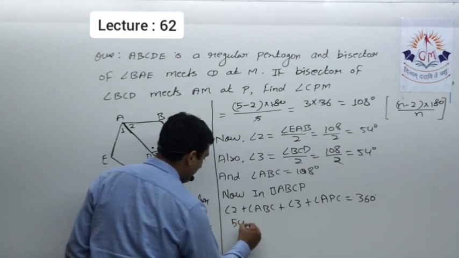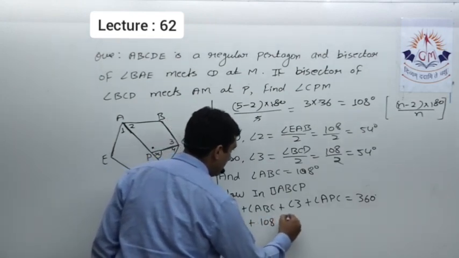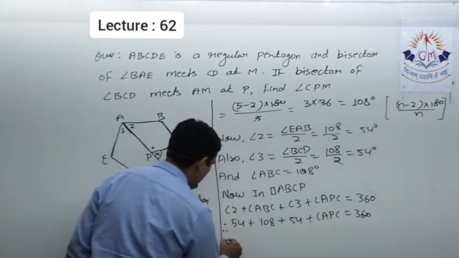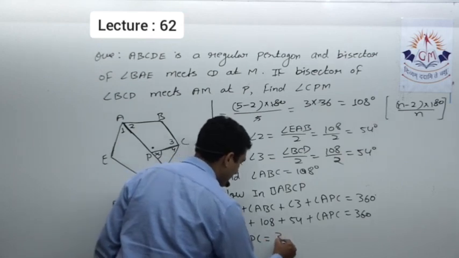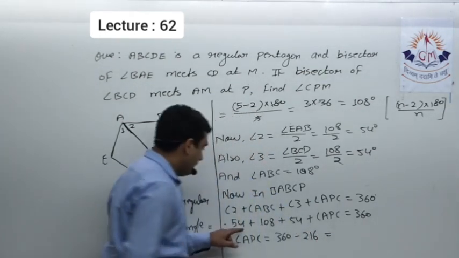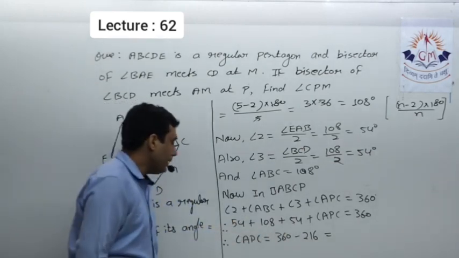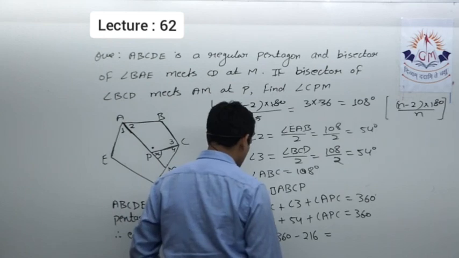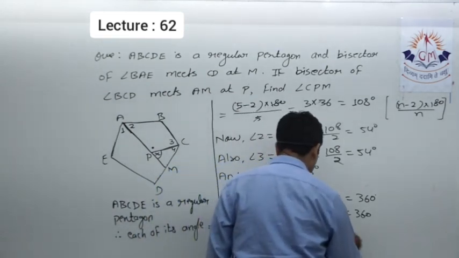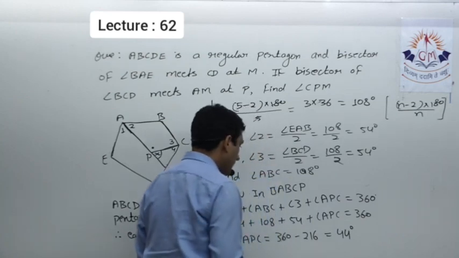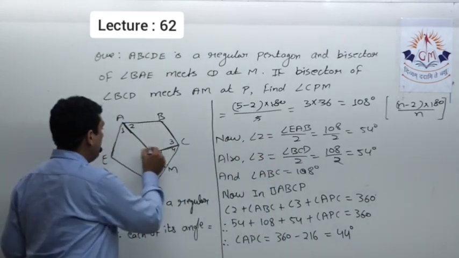So angle 2 is 54, ABC is 108, angle 3 is 54, plus angle APC is equal to 360 degrees. Therefore angle APC is equal to 360 minus 216. 54 plus 54 is 108, 108 plus 108 is 216. So the answer will be 144 degrees. So angle APC is equal to 144 degrees.